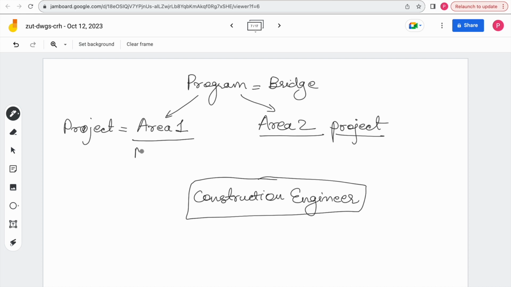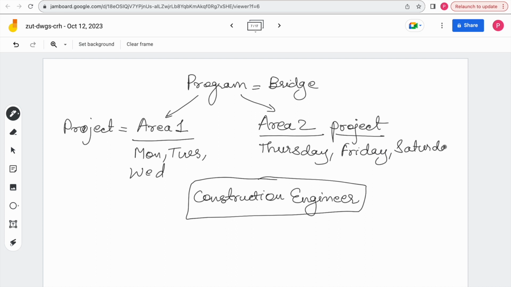Let's say Monday, Tuesday and Wednesday the construction engineer works on project A, and on Thursday, Friday and Saturday, these three days the construction engineer will work on the area 2 project. So this is how the program manager manages the interdependency.